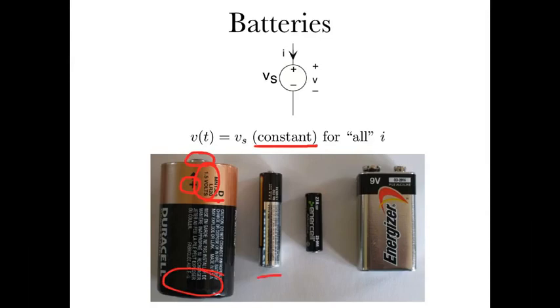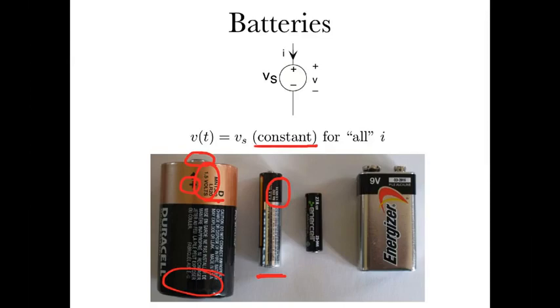This is a AAA battery, and if you look very carefully right there, it says it's also 1.5 volts. So again, the size of the battery does not determine the size of the voltage it produces. What it does tell you is how long each battery will provide that voltage.